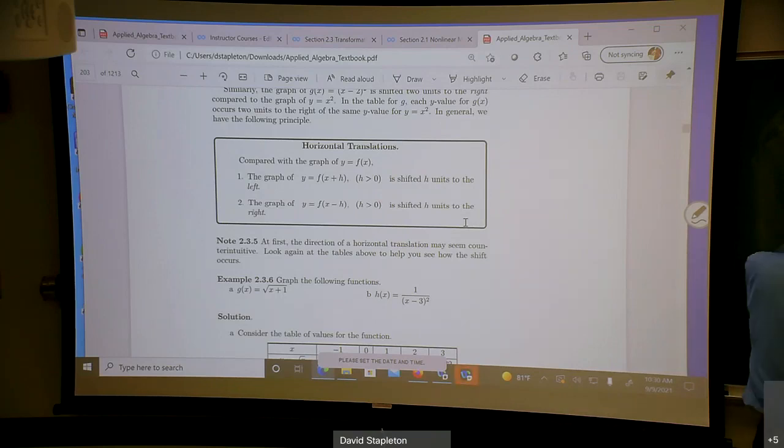I start with the basic function y equals square root of x, just because I see the square root there. That's the half parabola. Then I say, what does it look like if I replace x by x plus 1? What does y equals square root of x plus 1 look like? How do I get this function?